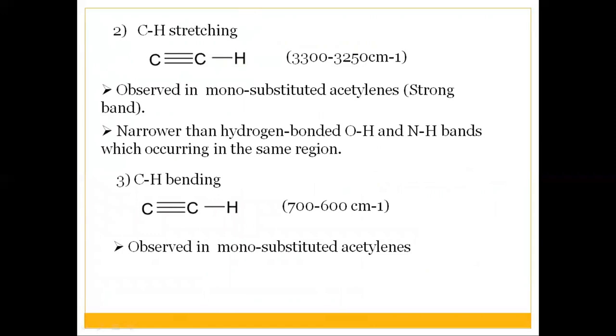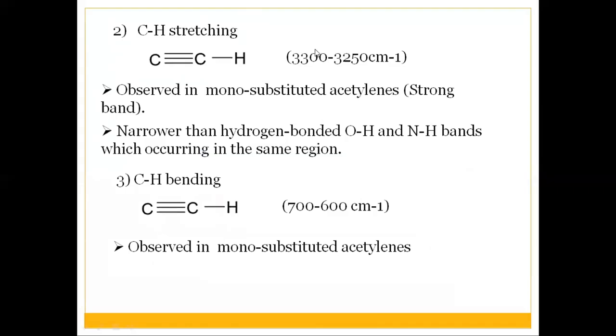Second will be CH stretching, that is near the carbon-carbon triple bond. The CH bond will represent the CH stretching, which will be observed between 3250 to 3300 per centimeter. Observed in monosubstituted acetylenes as a strong band. Narrower than hydrogen bonded OH and NH bands, which occur in the same region.